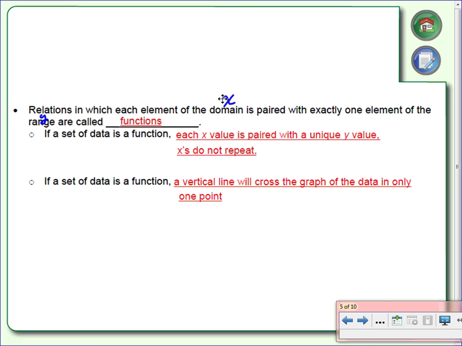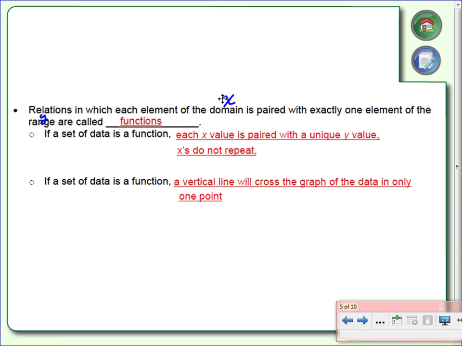All right, let me see if we're paying attention. Relation. Without looking at your notes, what did we say relation was? A set of points or a set of ordered pairs, right? Domain, what was that one? The x's. The range is the y values.